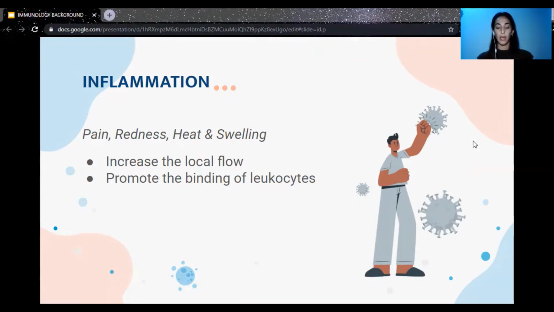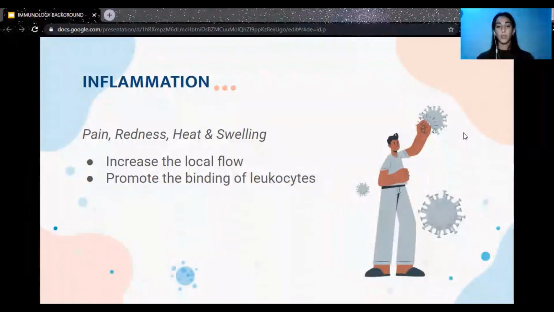Whatever pathogen is at the site of the infection, whether a parasite, bacteria, or virus, is going to trigger the innate immune response, and the inflammation is going to be the action that calls all the effectors to come to the site.